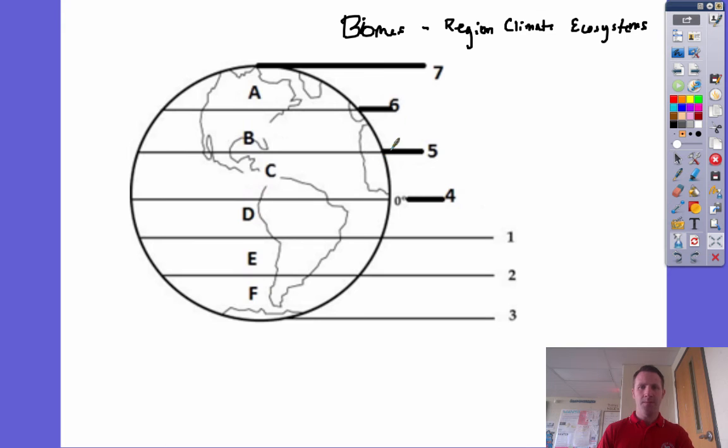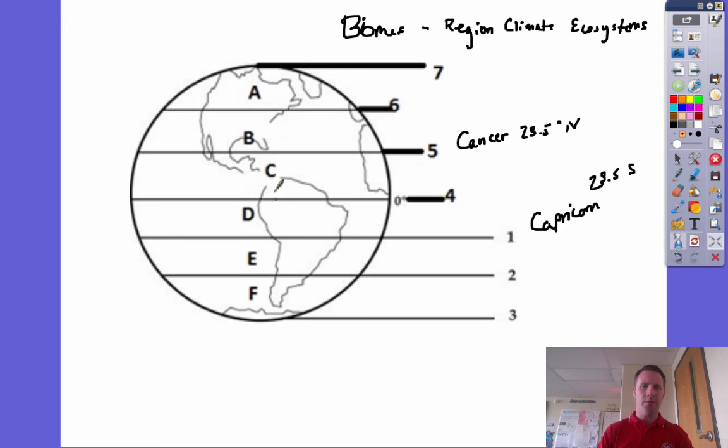Okay, some of these lines. Here is the equator. Tropic of Cancer. Remember, Cancer is on top. That's 23.5 degrees north latitude. Capricorn is the same thing, but it's 23.5 south latitude. Okay, so that's here. So this is the tropical zone here.